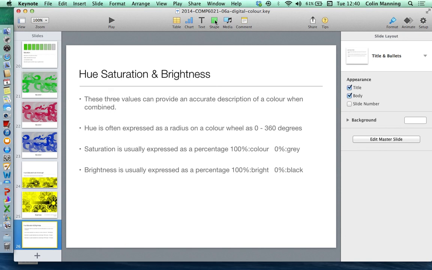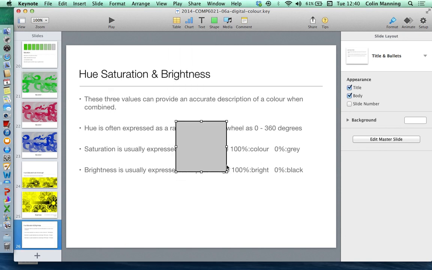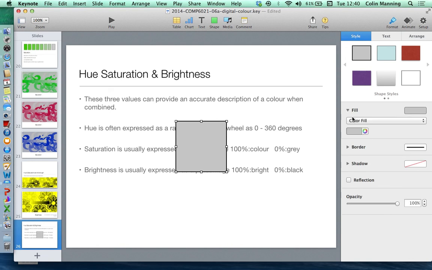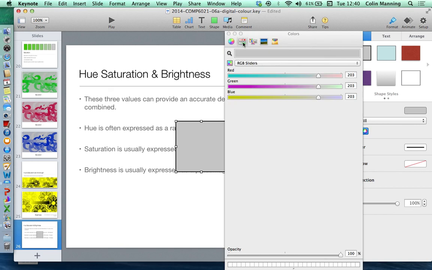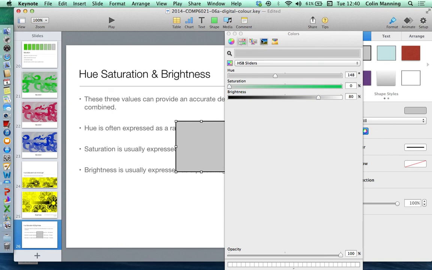Most operating systems have some form of a color picker that you can use to select colors. So you could go into PowerPoint, for example, and just decide to put something there and pick a color.